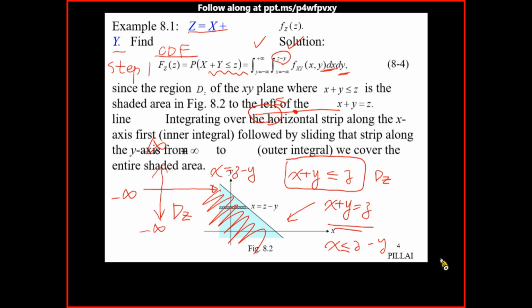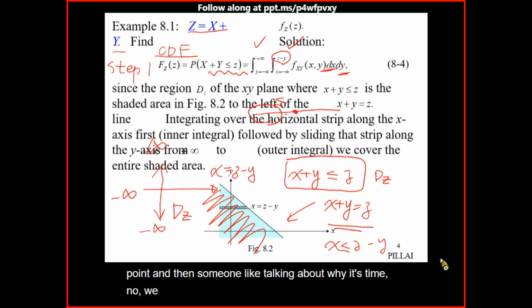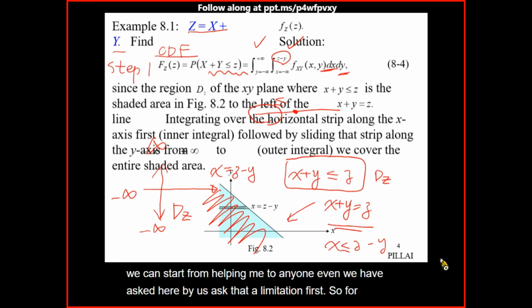Y from negative infinity, because Y has no restriction. If we have X first, X to the point, and then for Y this time there is no limitation, so we can start from negative infinity. Even though we have X here, X sets the limitation first.